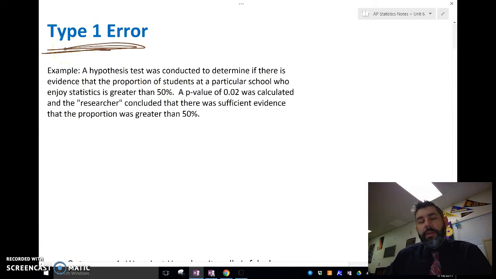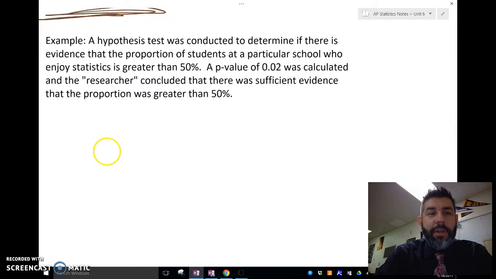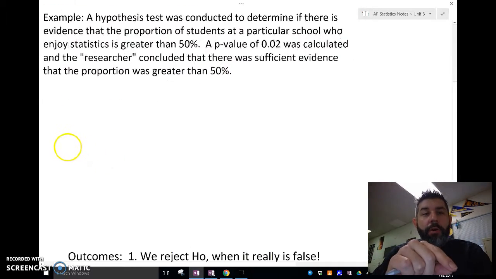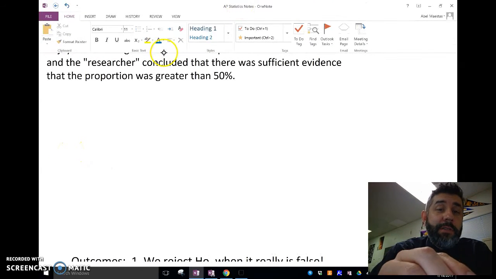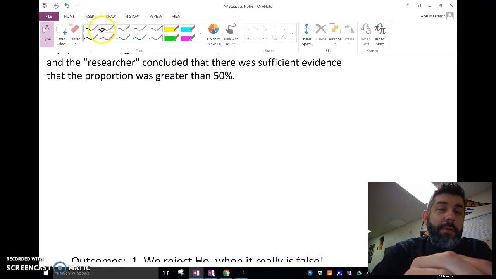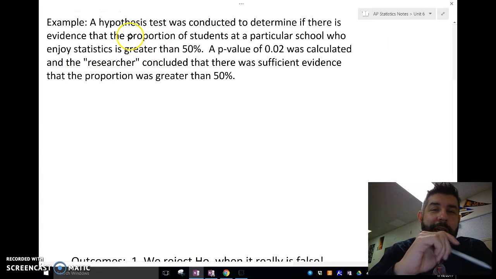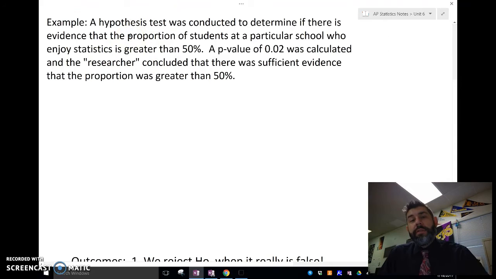So let's get a scenario here, some context going. Suppose that I conducted a hypothesis test and I want to check whether the proportion of students in a school is greater than 50%, so the majority enjoy statistics.